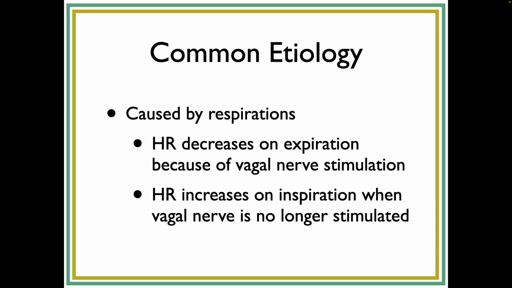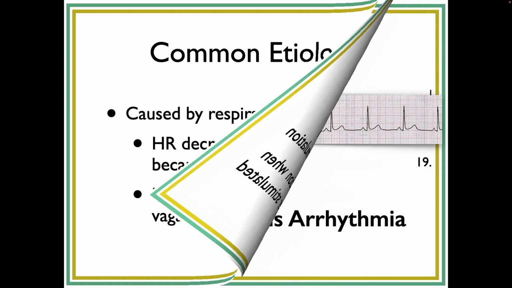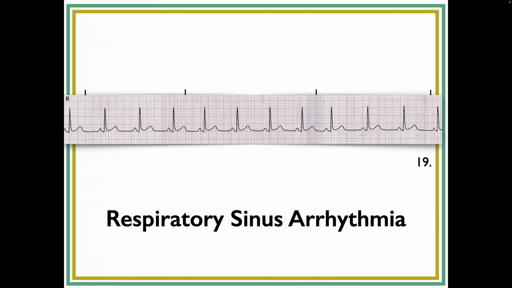It's very hard to see in a 6-second strip because you need to see a little bit of it. I think this is about a 10-second strip, and you can kind of see it here. So you can see, if you compare, you see how the intervals here are shorter than the intervals here.